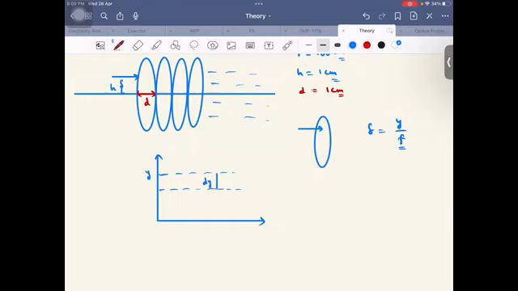Here, let's say the ray is making an angle theta. Then after traveling dx distance, the ray is going to make an angle of theta plus delta. That means it is going to deviate in the clockwise direction.